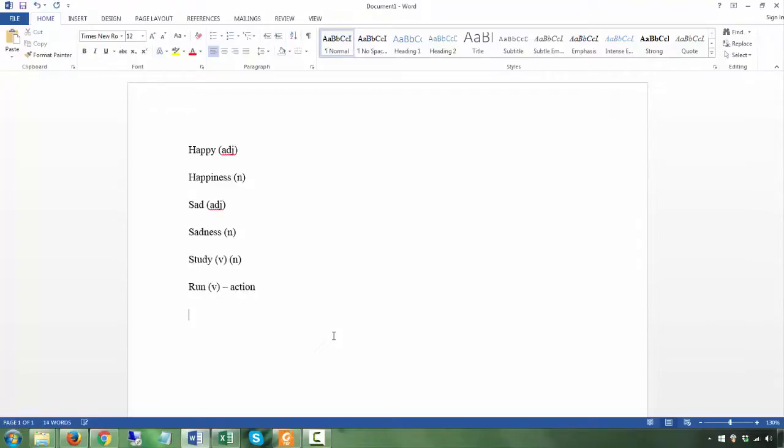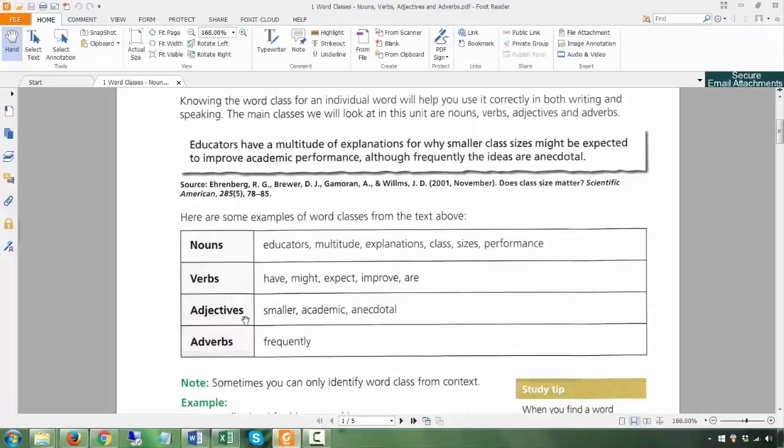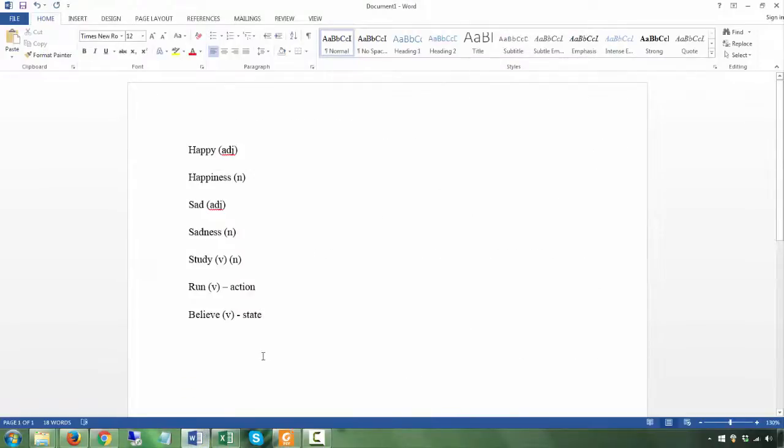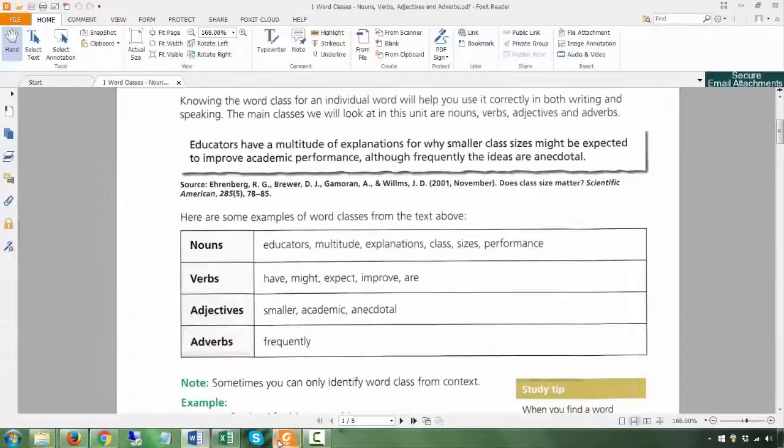You can probably see it. But then perhaps a verb like believe, it's also a verb, but you can't see believe, it's a state. Okay, so these are verbs. And adjectives describe nouns. Okay, very important. Adjectives describe nouns.